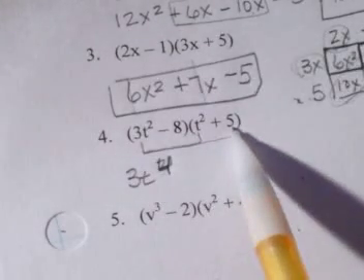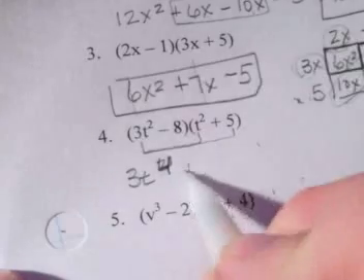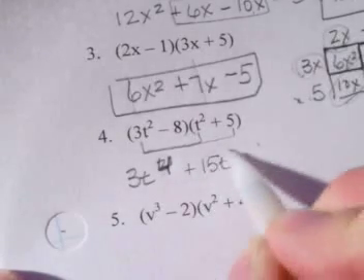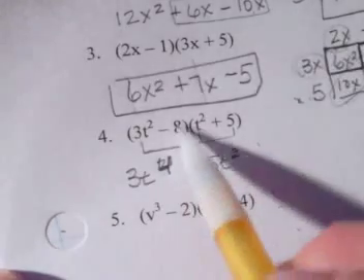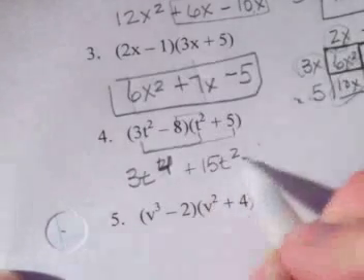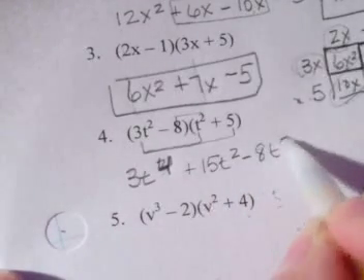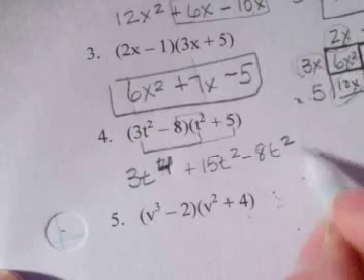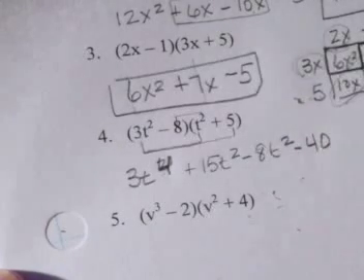Now I need to do my outer two terms, which is 15t squared. My inner two terms, minus 8t squared, and my last term gives me negative 40.